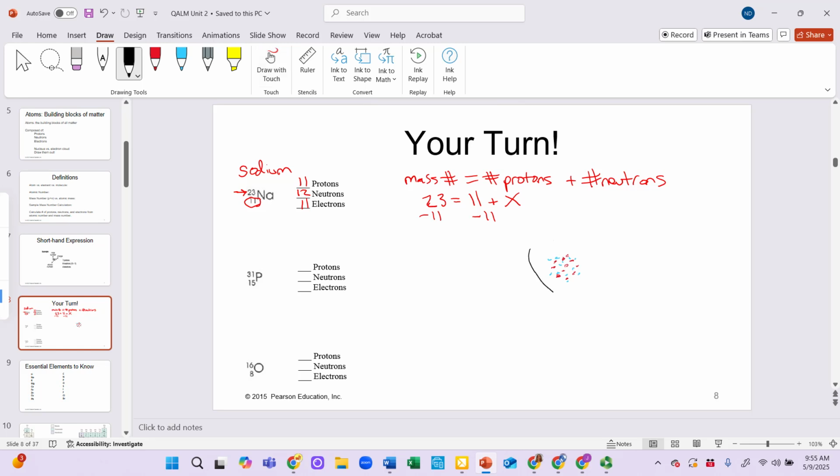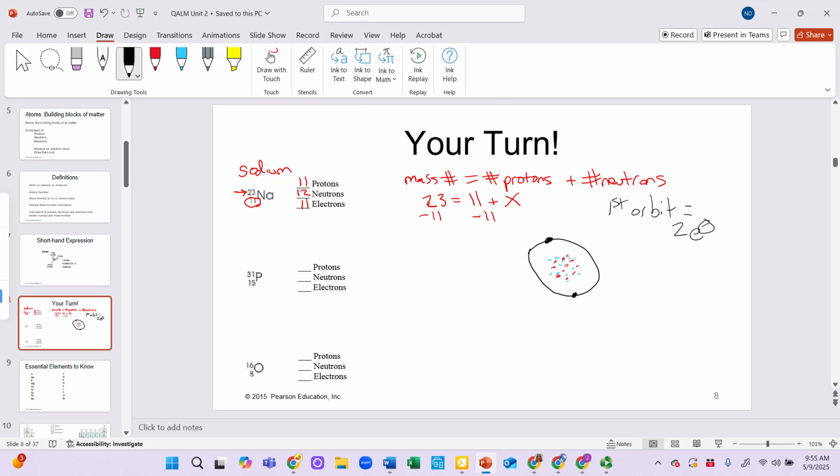The first orbit can only hold 2 electrons. And electrons I sometimes abbreviate E with a minus, and that's circled. So in this first orbit, we've got 2 electrons.